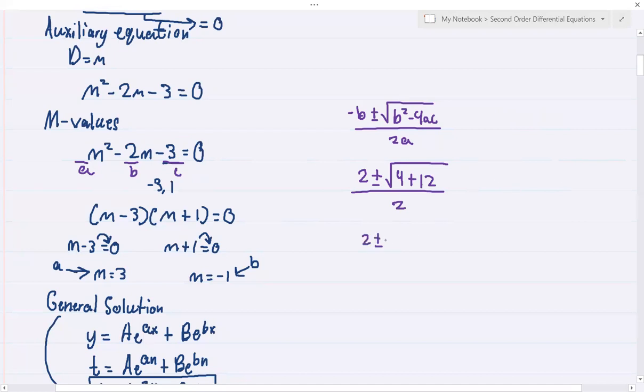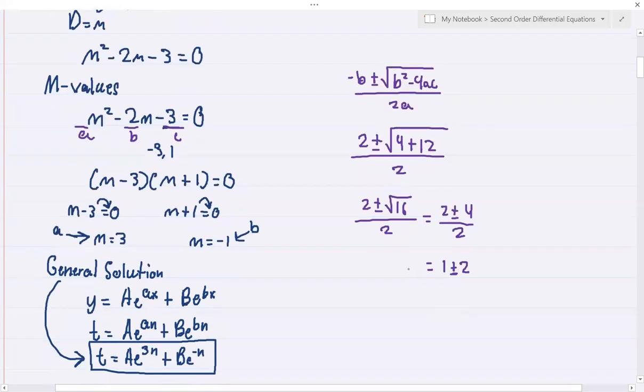Now, if you simplify further, this would be 2 plus or minus the square root of 16 all over 2, which is 2 plus or minus 4 all over 2, because the square root of 16 is 4. And since these two terms, 2 and 4, are both divisible by 2, we can divide them by 2. So we will have 1 plus or minus 2.